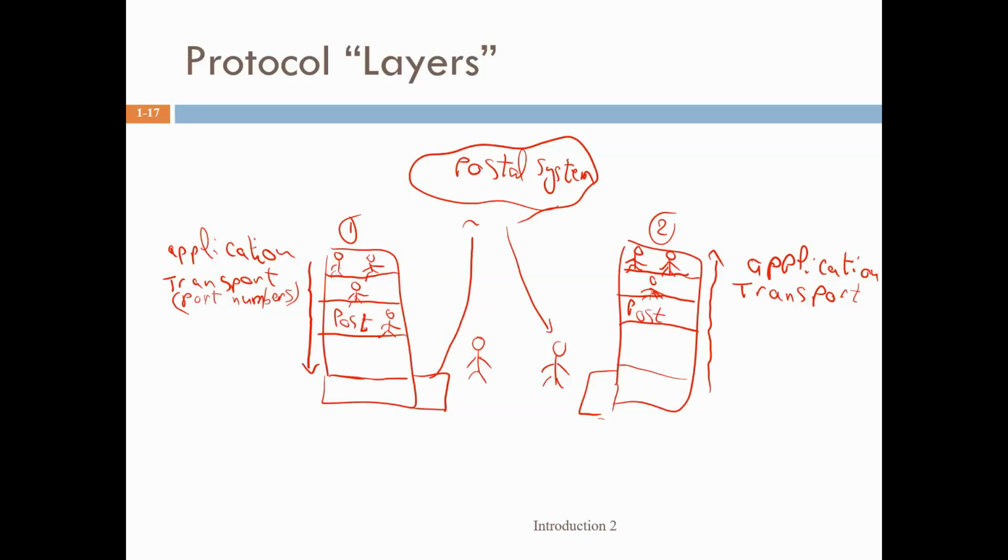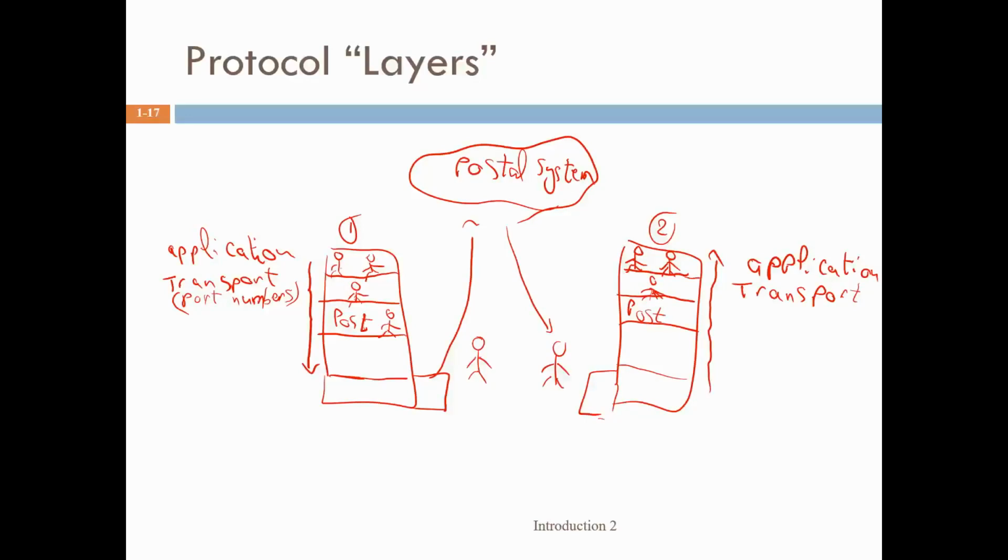The first port number is called the source port number, and the one belonging to the receiver is called the destination port number. So that when the packet arrives at device 2, the transport layer can read the destination port number that has been inserted by the transport layer in device 1 and can understand which process in the application layer will receive this data.